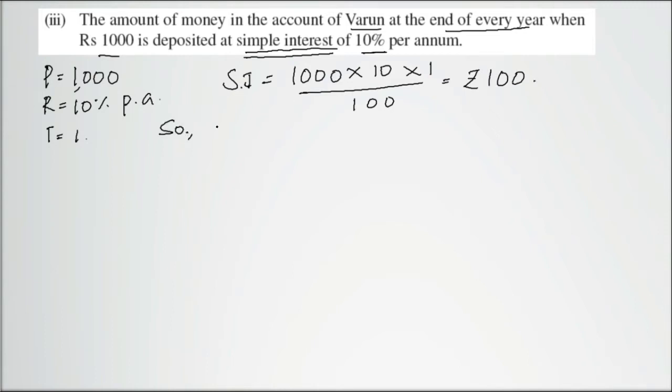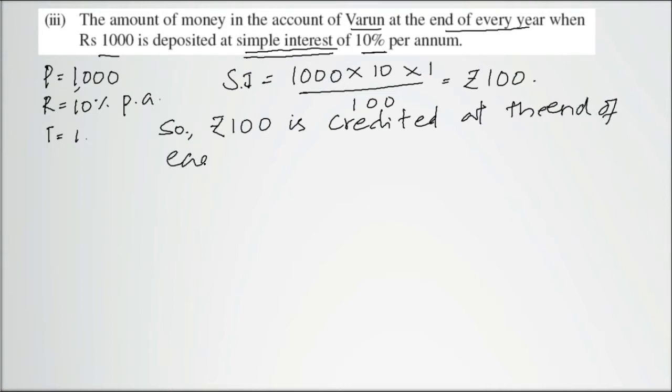So what does it mean? Rupees 100 is credited at the end of each year in the account of Varun.